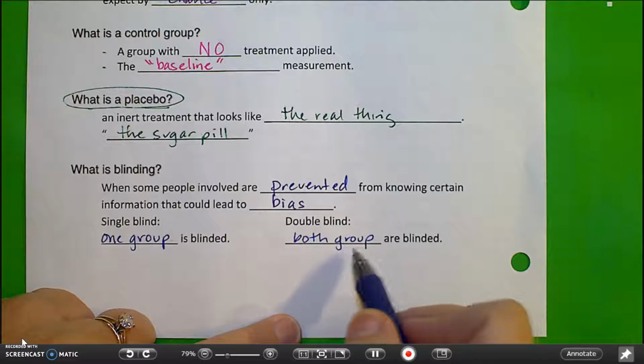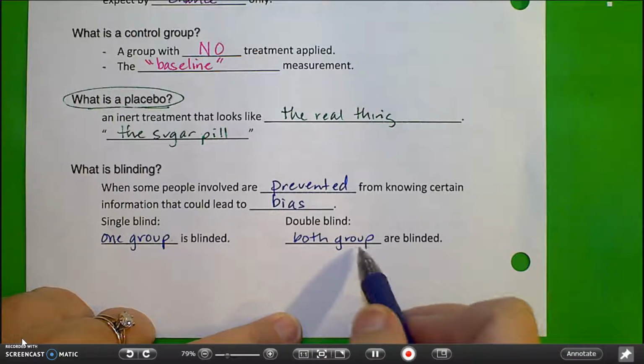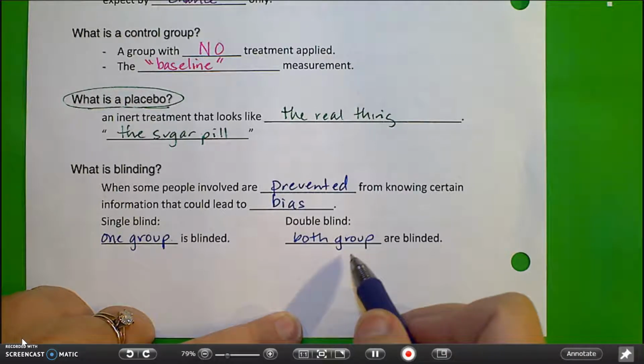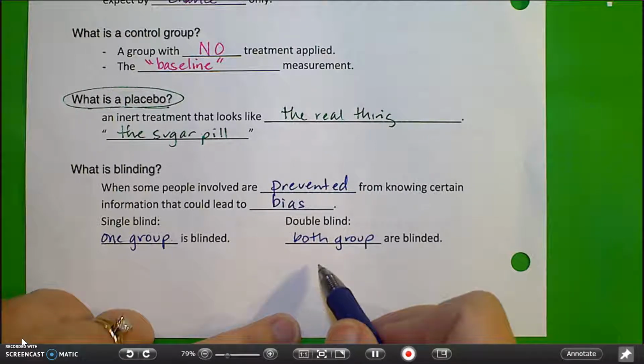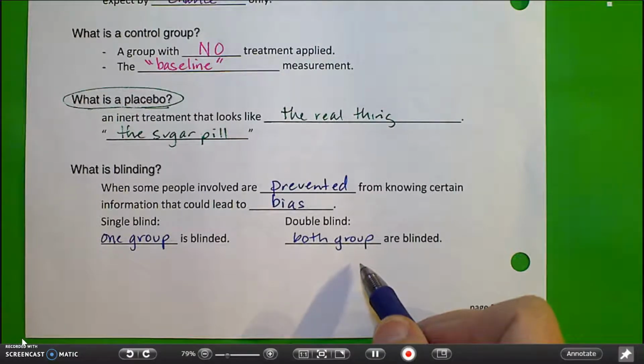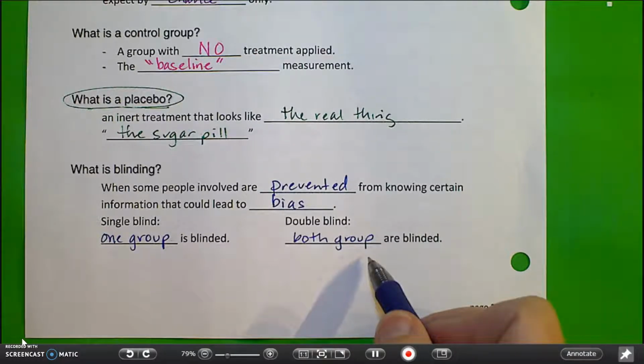But in addition to that, the physician would also not know what treatment level they've received. This way you get unbiased reports from the physician, and unbiased reports from the subjects about how they're doing. They don't know if they've been receiving any treatment or a little bit of treatment or a lot of treatment in terms of the drug dosage.